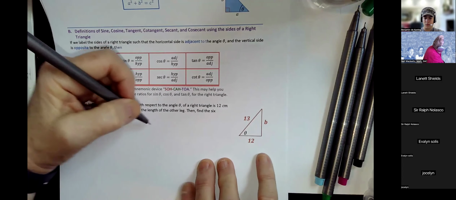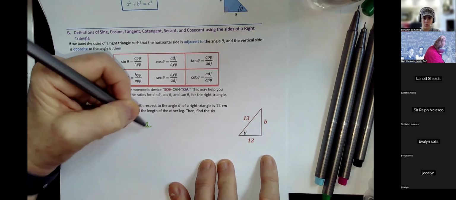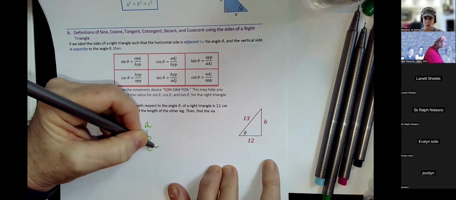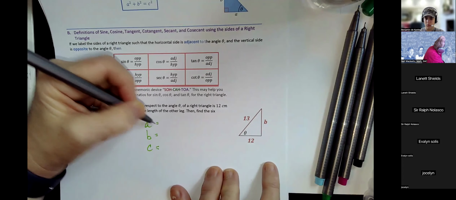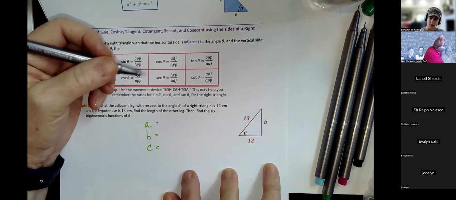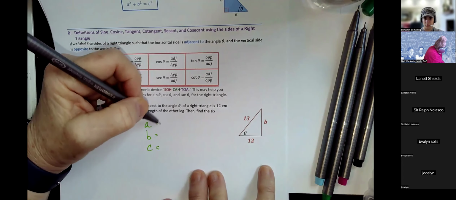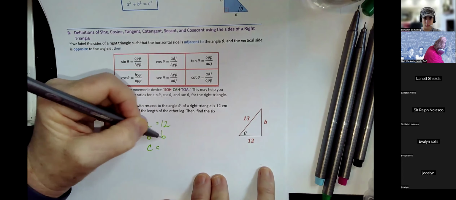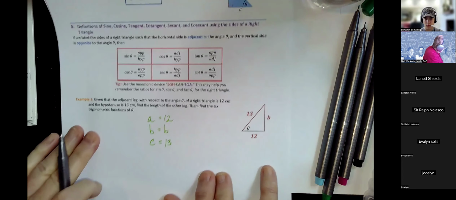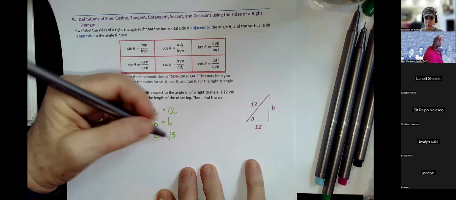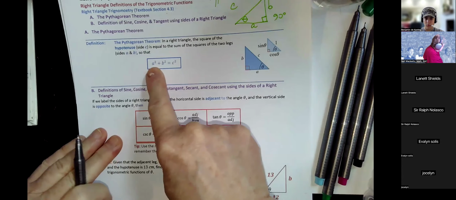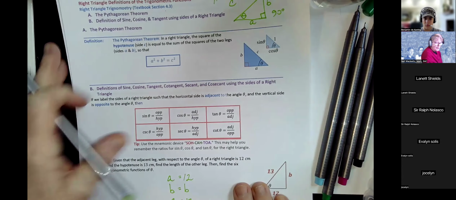Okay, what do I like? Do we know A, B, C? Which ones do we know? We know A and C. Okay, great. And so our formula is A squared plus B squared equals C squared.